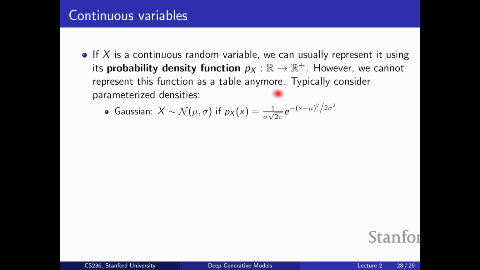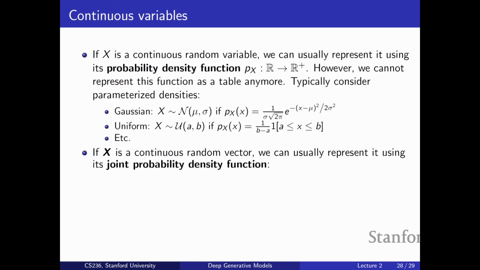You plug them into this expression and you get back the density of the Gaussian at any particular point X, where mu and sigma are the mean and the standard deviation of the Gaussian. Or you could say, okay, maybe a uniform random variable. Again, this is another relatively simple function that you can use to map X to densities. A uniform distribution over the interval between A and B would have that kind of functional form, etc.